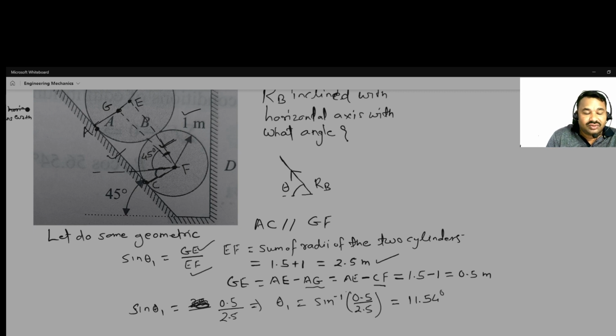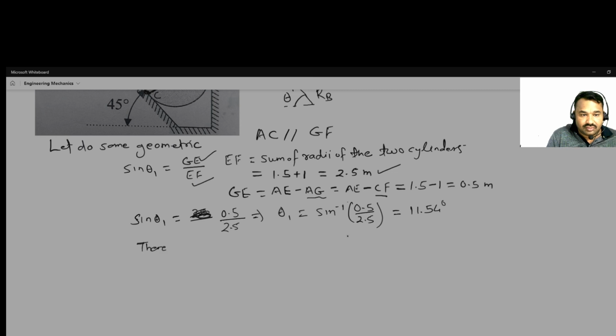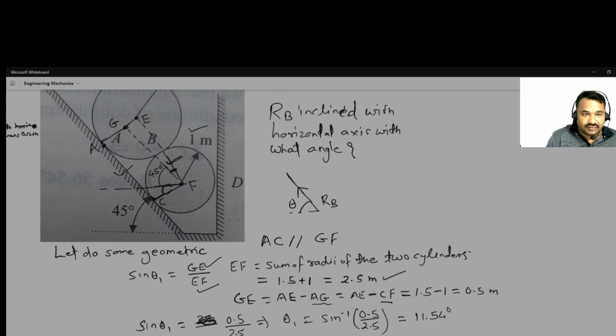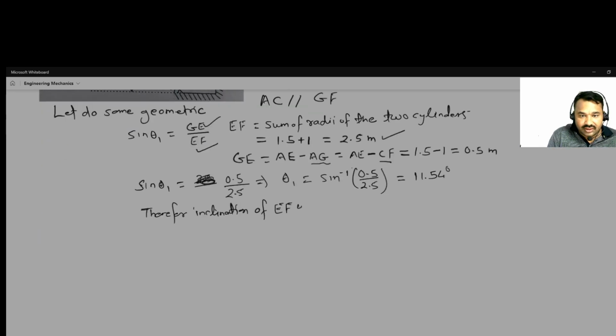Okay, what about with the horizontal? Therefore, the inclination of EF, this line, with the horizontal is 45 degree plus 11.54 degree, and it is equal to 56.54 degree.